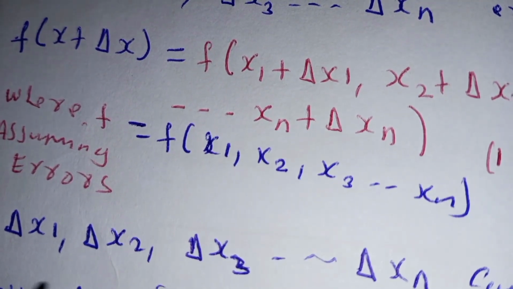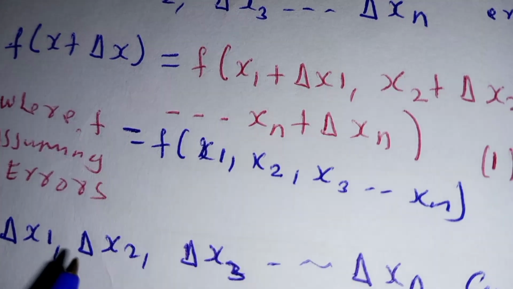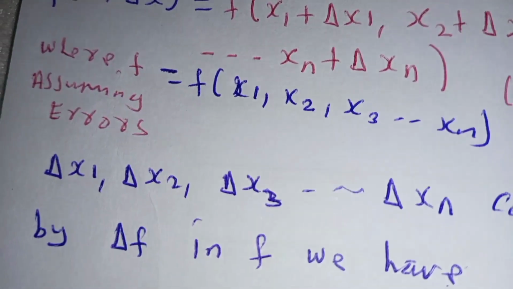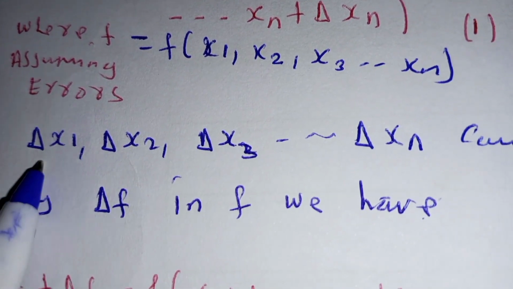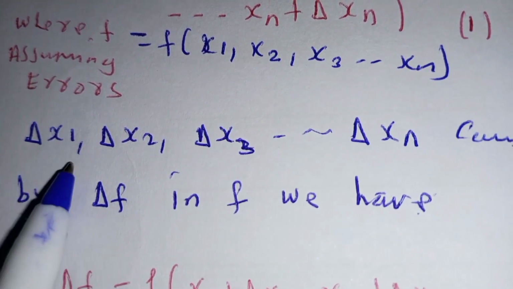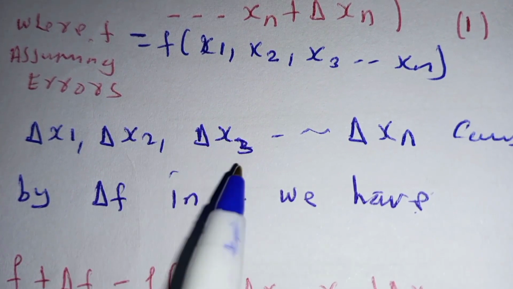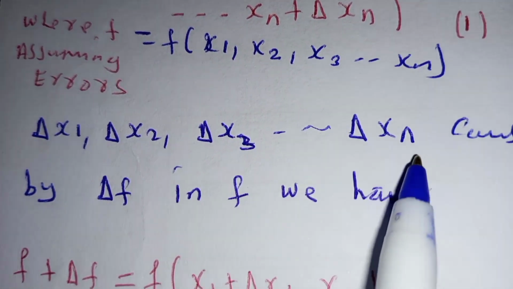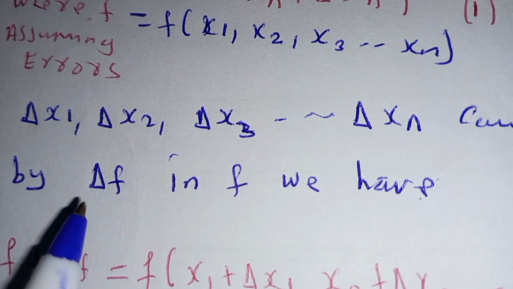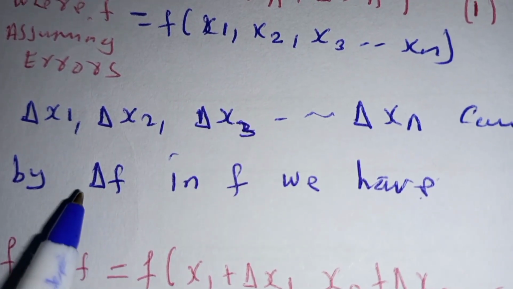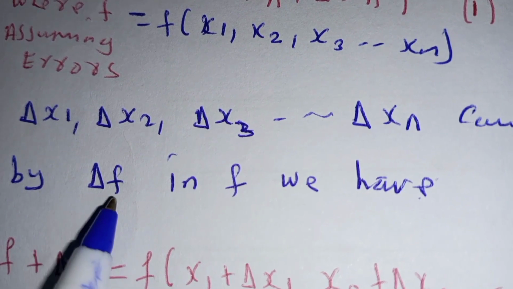And here we are assuming that the errors in x1, change in x2, change in x3, all the way to small change in xn are caused by an error in the function, the change in function f.